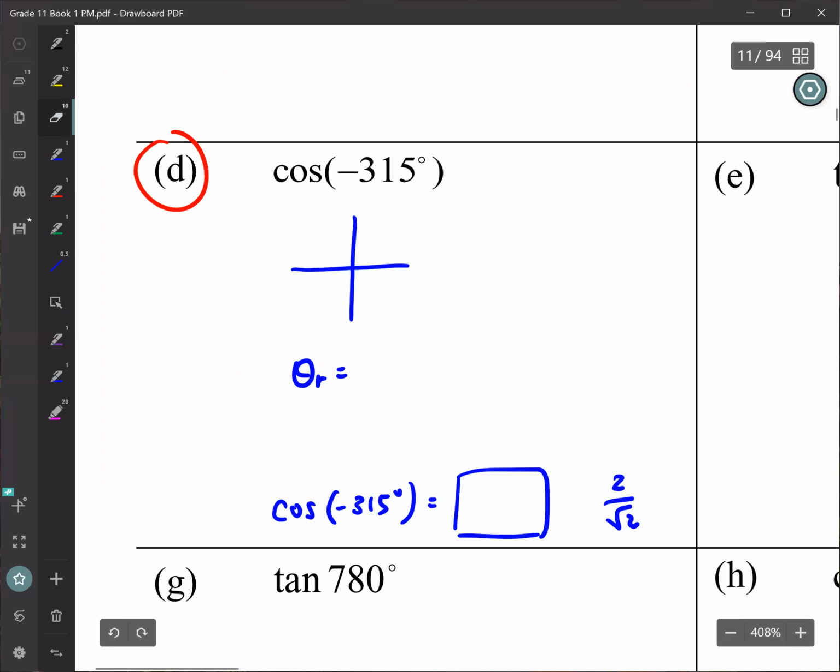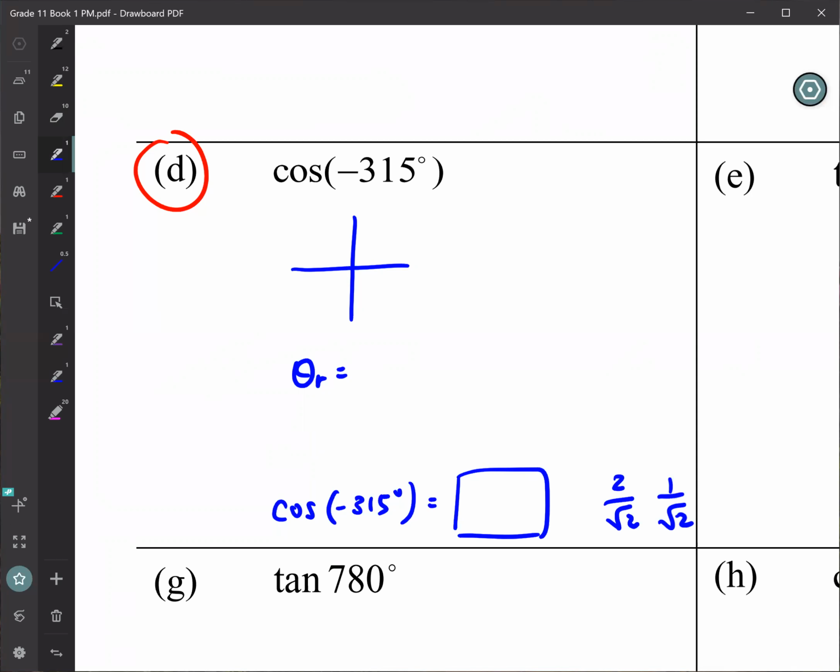Okay, let me write that down first. And Colin, how about you? 1 over root 2. Okay. How about Braden? 1 over root 2.